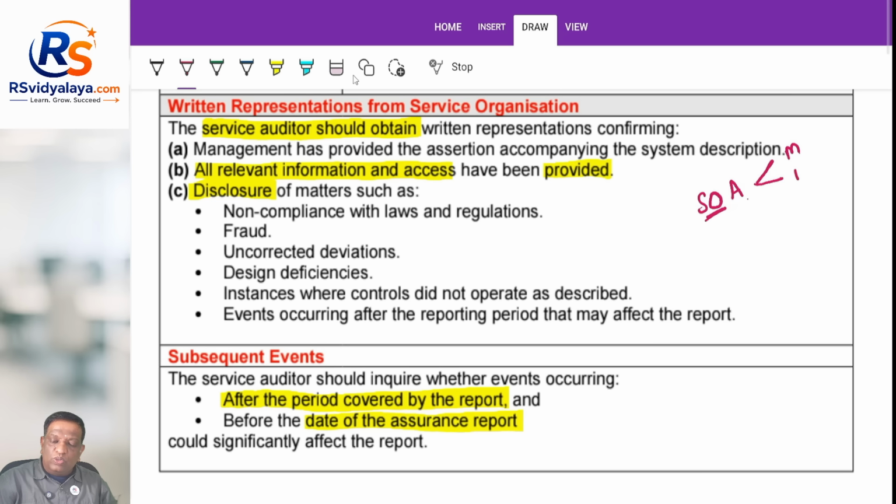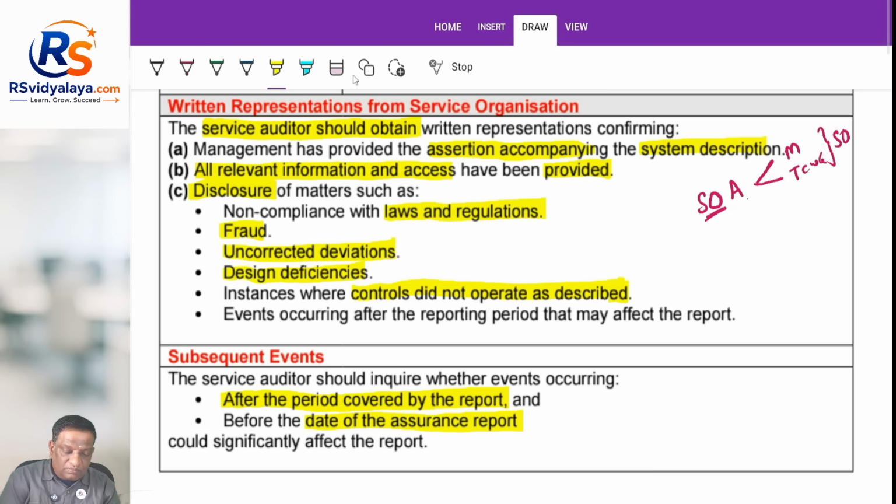And then disclosure of matters. So, whether there is any non-compliance with laws and regulations, any frauds or uncorrected deviations, design deficiencies, or controls which did not operate as described, but this will come in the type 2 report, and the events occurring after the reporting period which may affect.